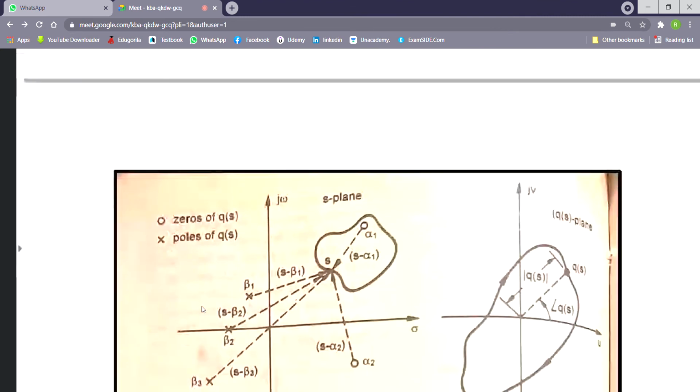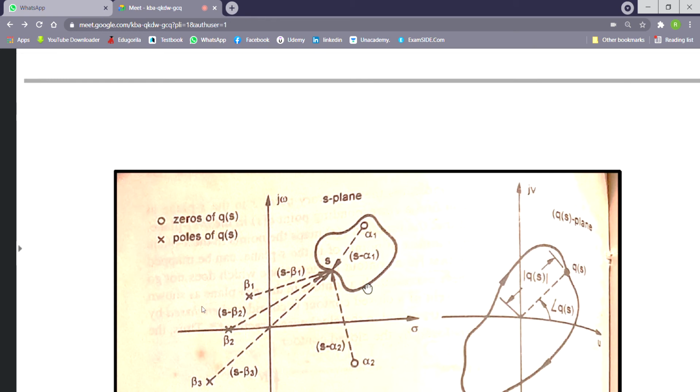Now let us assume, again you see, this is our S plane, and this is the Q(S) plane, U plus JV. Suppose some Q(S) is given, and we have taken one closed contour on the S plane, and the contour satisfies the assumptions, that is, it does not pass through any singular point.